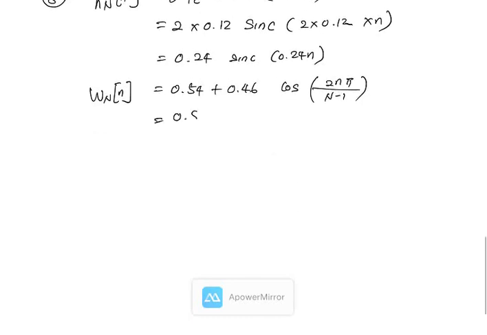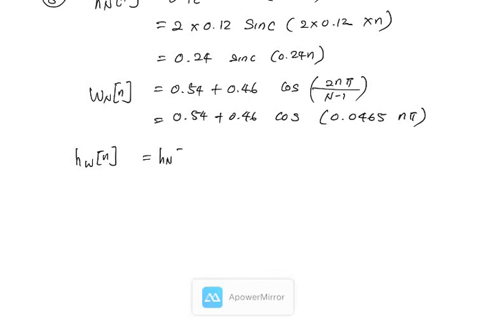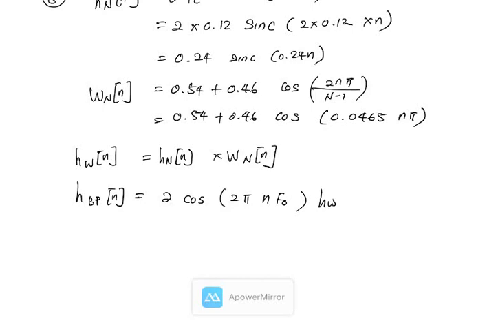And this is equivalent to 0.54 plus 0.46 cos(0.0465 nπ). So hw(n) is simply h(n) multiplied with w(n). And the bandpass h_BP(n) equals 2 cos(2π n F0) hw(n), equivalent to 2 cos(0.48 π n) hw(n).